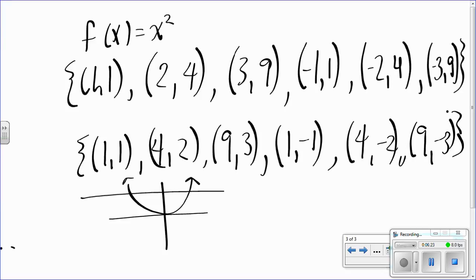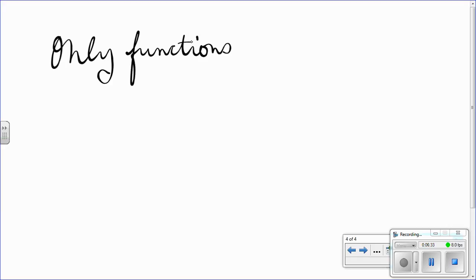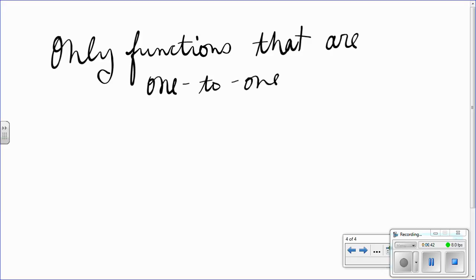And only functions that are one-to-one have an inverse.